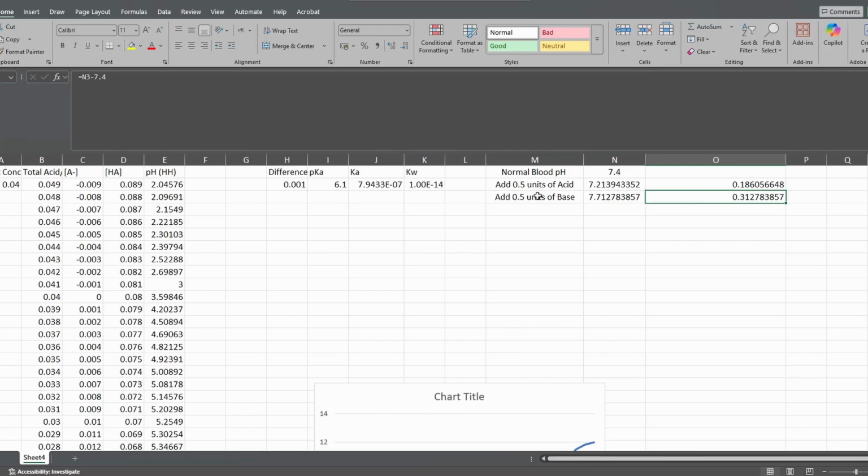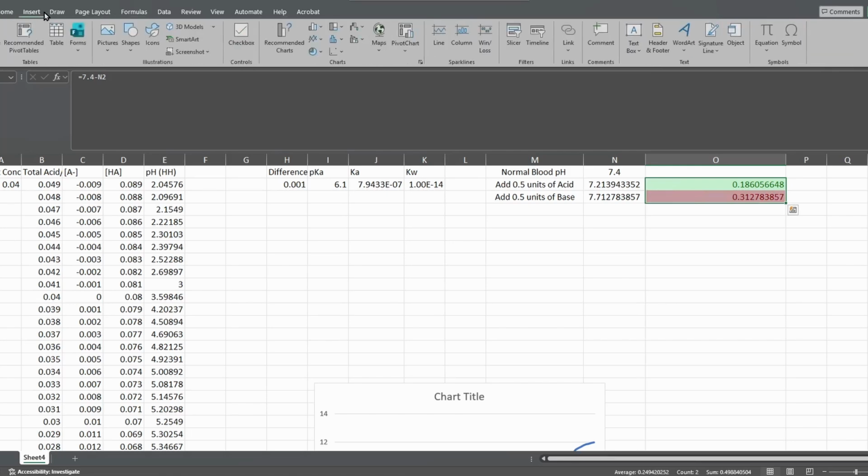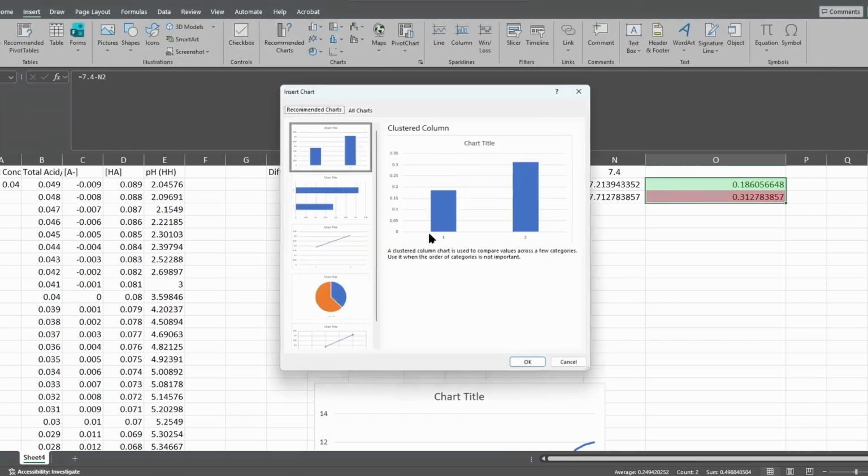So you see, when we add the same unit of base, we have a relatively larger change in the pH, but if we add the same unit of acid, we have a relatively lesser change in the pH, and we can actually show it graphically. I can draw the graph.